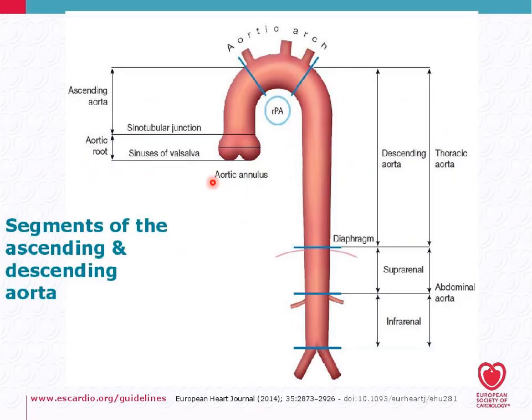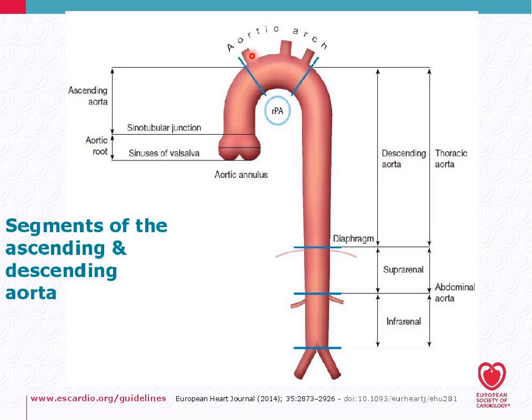So what about the different segments of the aortic tree? The aortic root starts from the aortic annulus to the level of the sinotubular junction. From the sinotubular junction till just before the origin of the innominate or brachiocephalic artery from the aortic arch, this segment is called the ascending aorta.